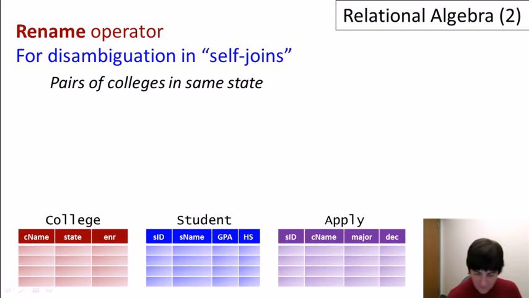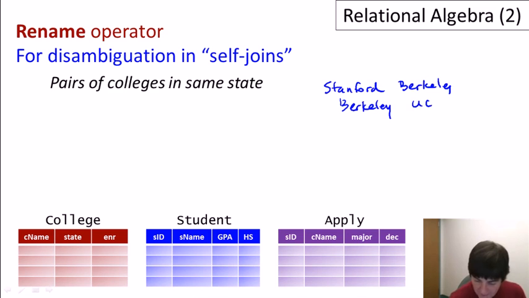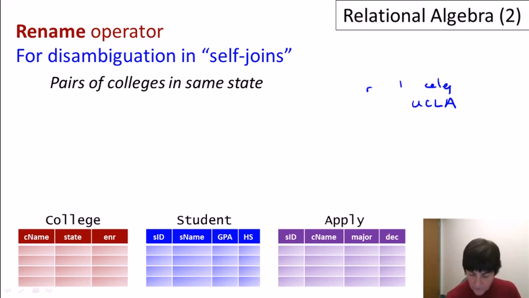So we want to have, for example, Stanford and Berkeley and UCLA, and so on. Unlike the union operator, we're looking for this horizontal joining here. So we're going to have to combine essentially two instances of the college relation. And that's exactly what we're going to do. We're effectively going to do college join college, making the state equal.